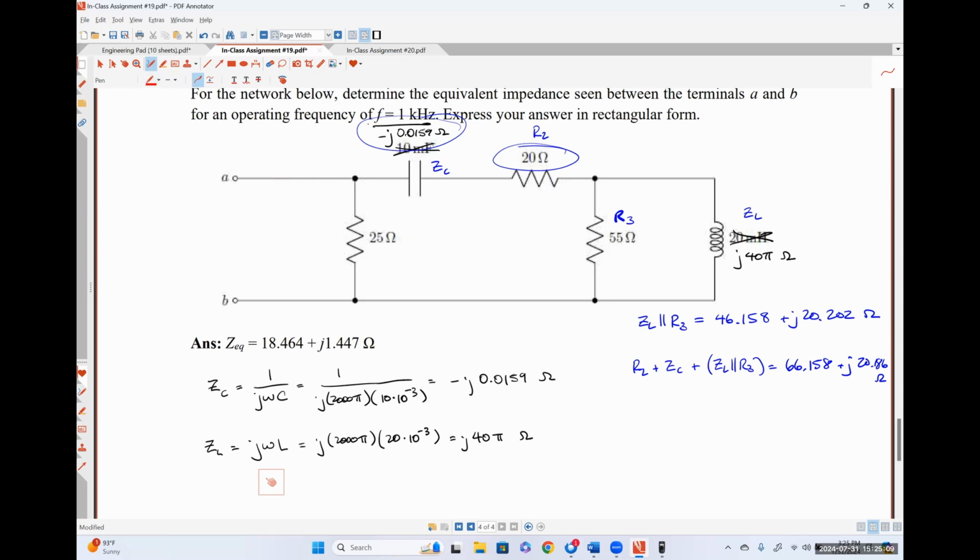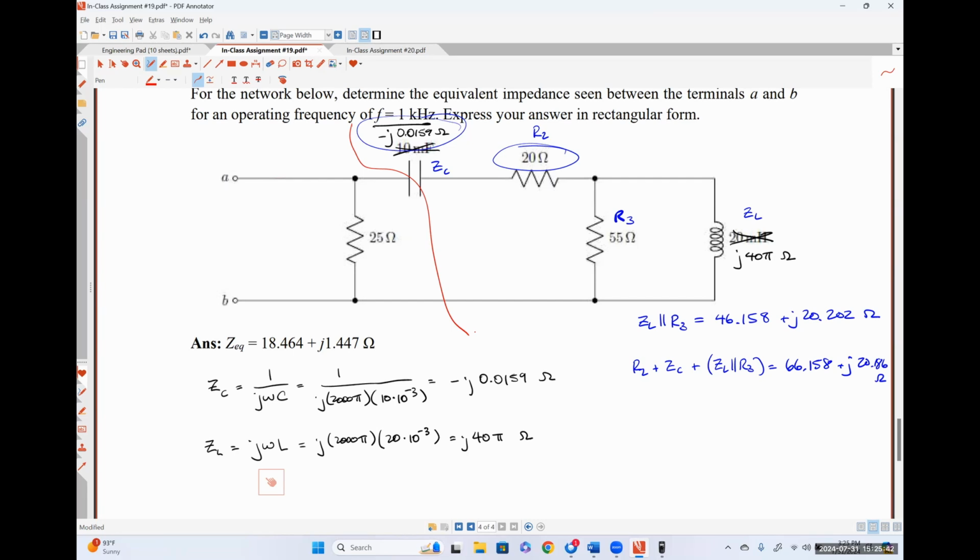Just to be clear, I'm not trying to overwhelm you guys by any stretch of the imagination. What I just found was the equivalent impedance of everything to the right of this red line. Everything to the right of the red line is in parallel with that 25 ohm resistor. So in my calculator, I would just do 25 times answer over 25 plus answer.